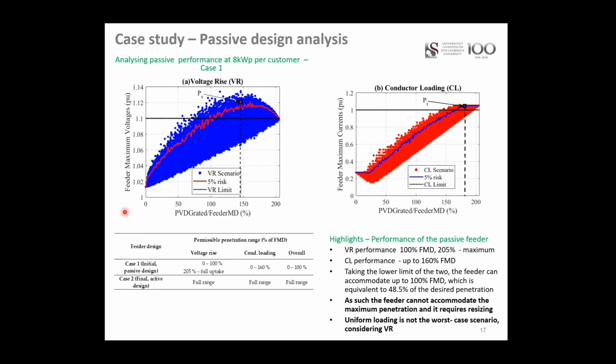For instance, based on your voltage rise performance, you can host 100% of your feeder maximum demand. I can't really recall what the feeder maximum demand was, but at around 100%, if you look at your feeder maximum voltage per unit, the constraint is at 10%, and you realize that at 100%, which is here, you probably have not violated those conditions.